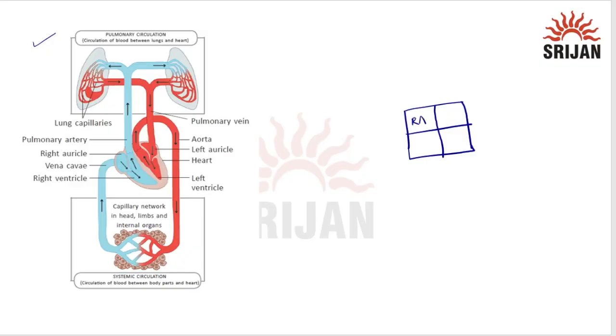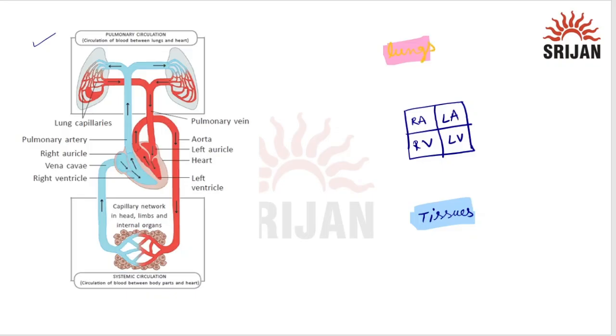This is right auricle, this is right ventricle, this is left auricle, and this one is left ventricle. The thing I am drawing with the light blue color is, suppose, our tissues, and the thing I'll draw with a pink color, suppose these are the lungs.